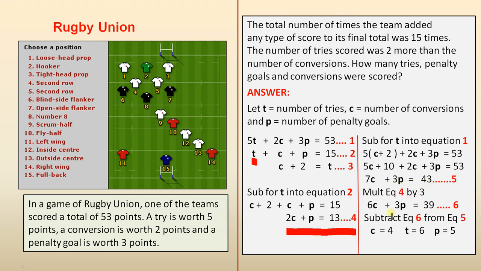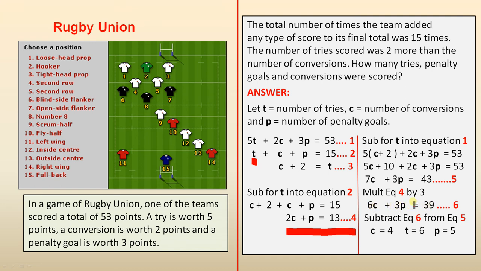So here we have 2 equations now. We have equation 4 and equation 5. And there are only 2 unknowns, the C and the P. If we multiply equation 4 by 3, let's see what happens. We have 6C plus 3P equals 39.